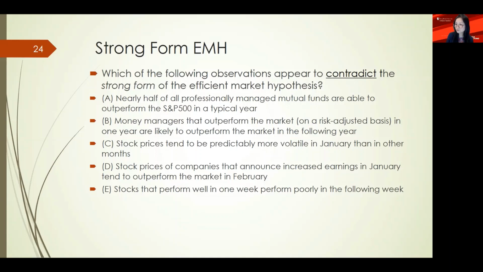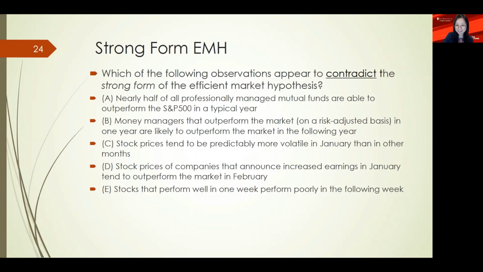So the strong form EMH says both historical, public, and private information is incorporated into security prices and should not be helpful to predict the future price movement or produce abnormal returns in the future.